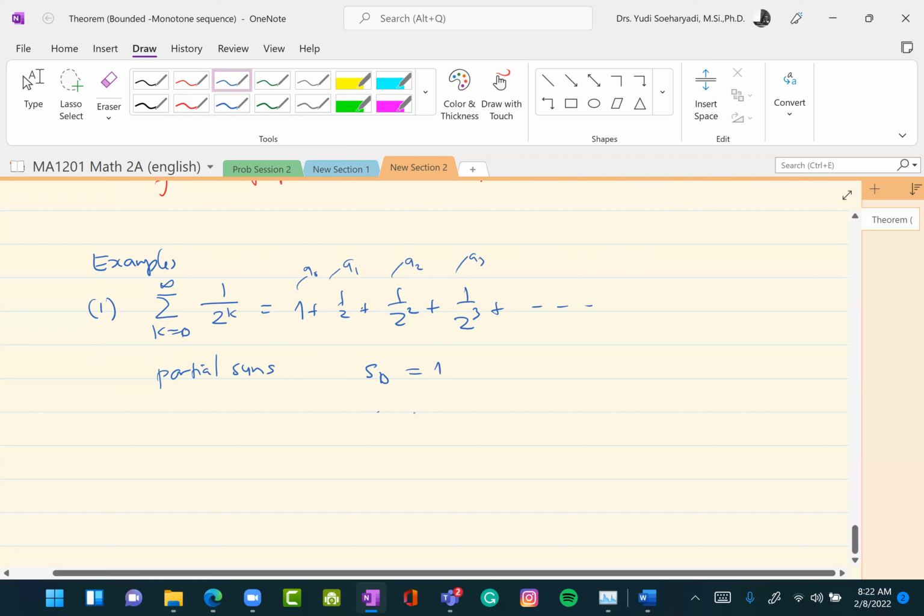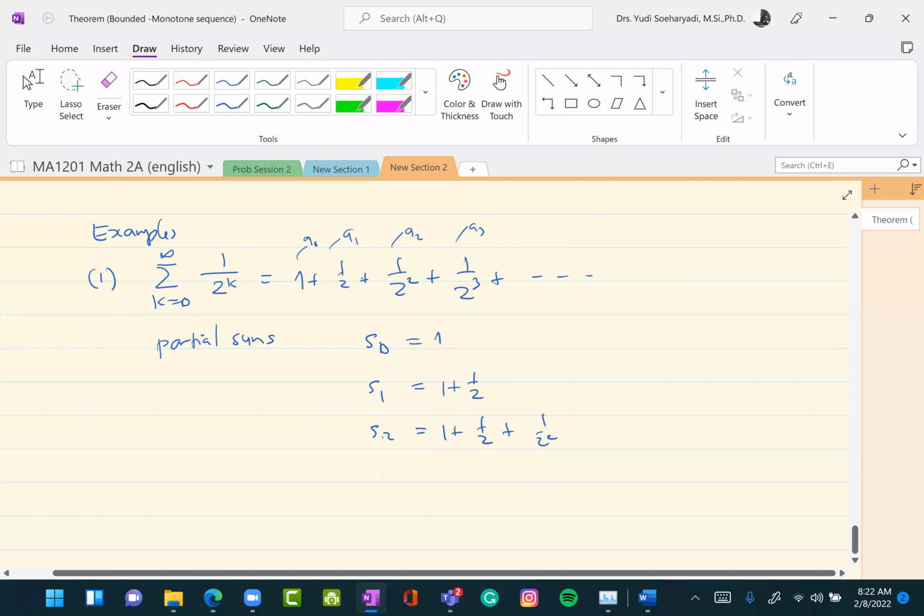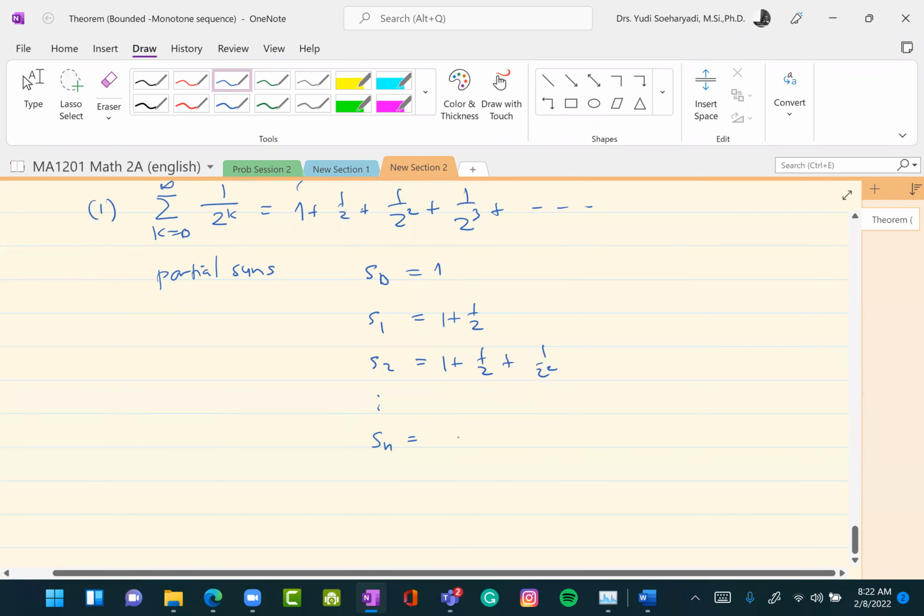S1 is just 1 plus 1/2, S2 is 1 plus 1/2 plus 1 over 2 squared, and Sn is just 1 plus 1/2 up to 1 over 2 to the n. So this is the partial sum.